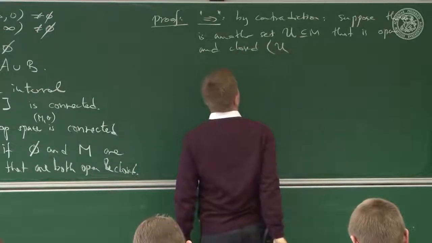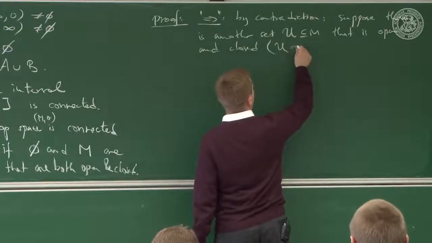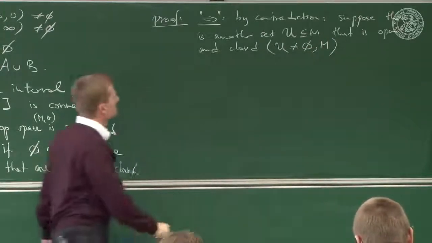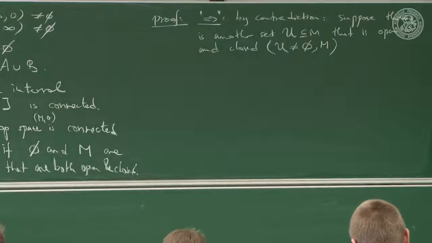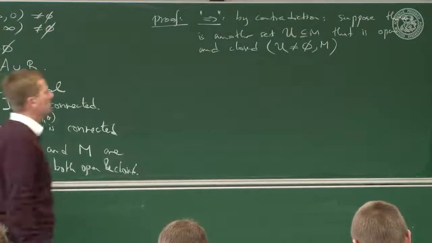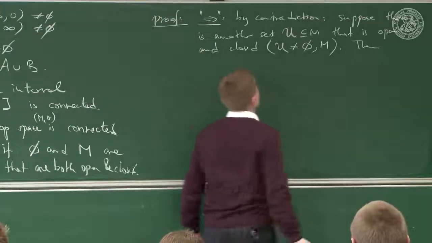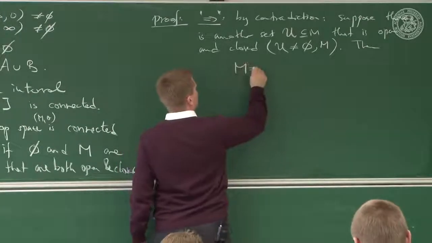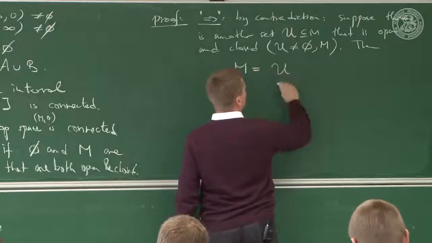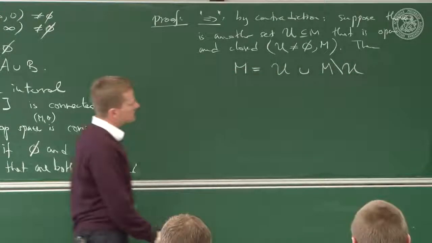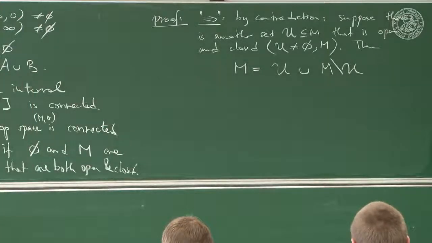And obviously, by "another" I mean U is not the empty set and U is not the entire set. Suppose you got such a set, an open and closed set. Then you can write M equals U union M without U. Well, that's always true for any subset.